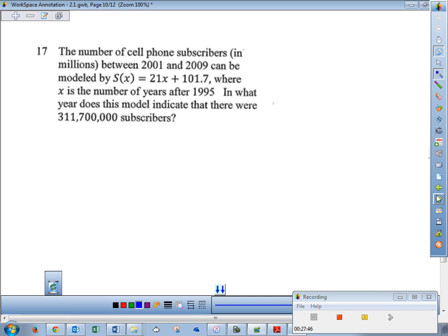That's not how interest works. Next one. Number of cell phone subscribers. Important. What does that say? In millions. Between '01 and '09 can be modeled by this equation, where x is the number of years after '95. In what year does this model indicate that there were this many subscribers? That's a big number.